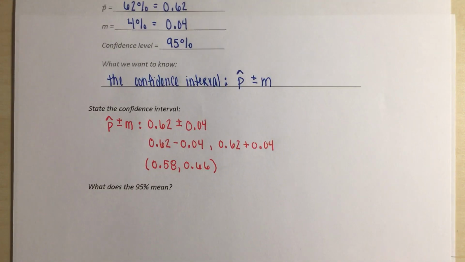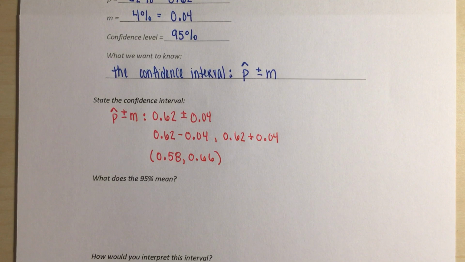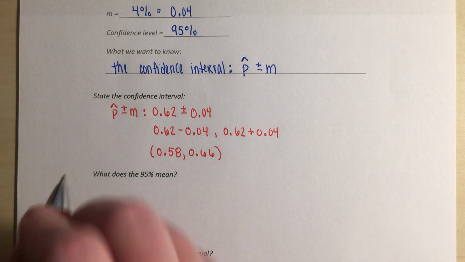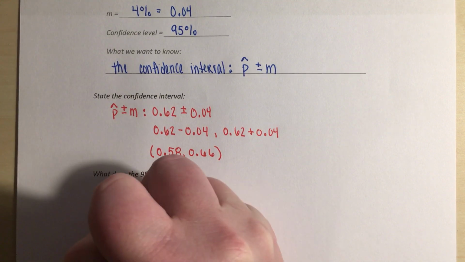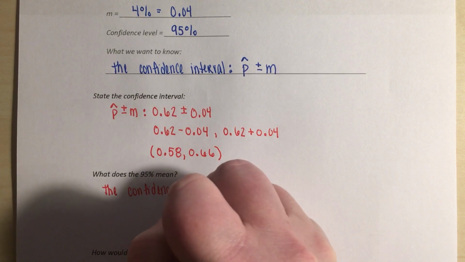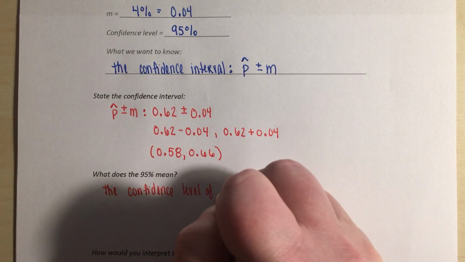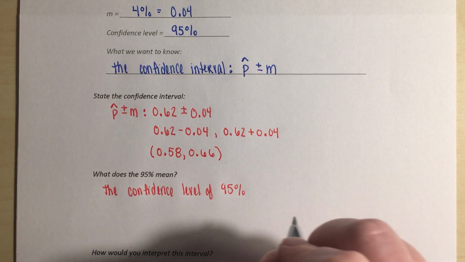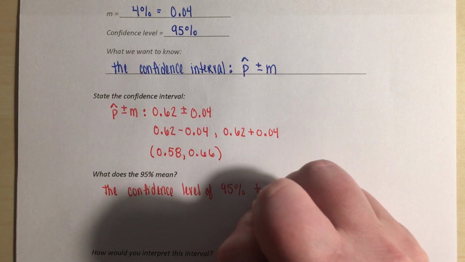Now, we're asked, what does the 95% mean? We talked on the previous page about our confidence level, and we said our confidence level tells us how often our estimation is successful, and it's talking about the method being used, not our particular answer.